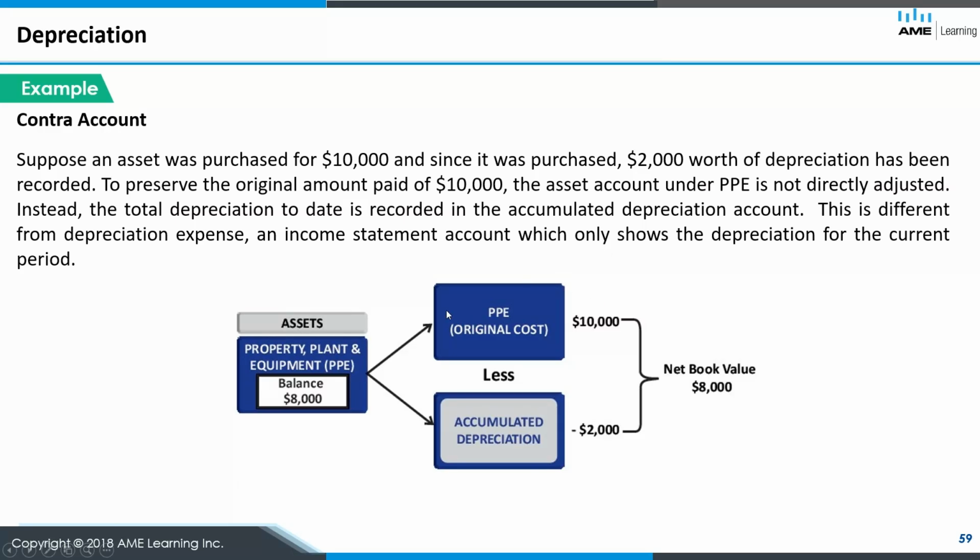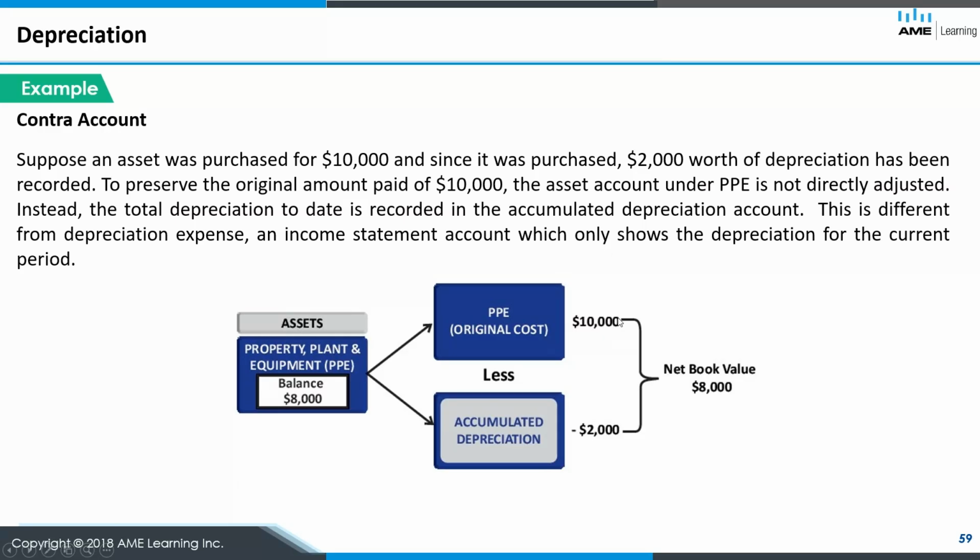And since we're not reducing in our accounting records the original cost directly, it makes it a little bit easier to maybe look at this 10,000 and look at some invoice that was paid 5 years ago or something, and be sure that in our records, when we are, say, for example, disposing of something, that we're disposing of the right asset, or the one at least that matches up to our records.